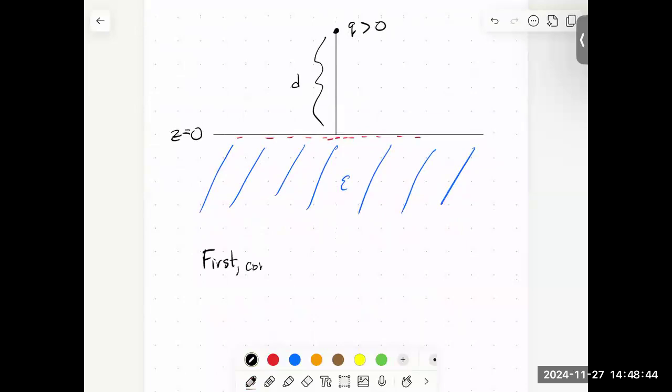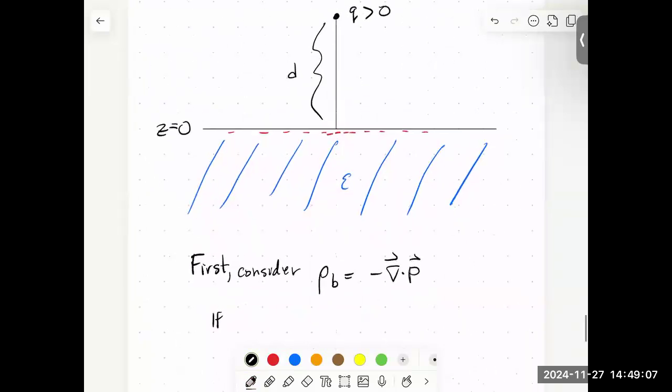So first, let's consider the possibility of a bound charge density rho B, like a volume charge density. That would be equal to minus the divergence of the polarization.